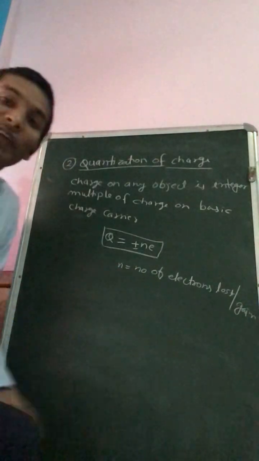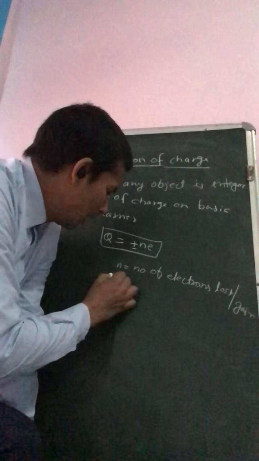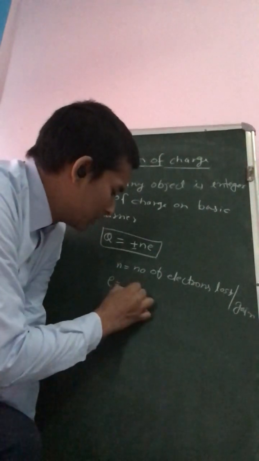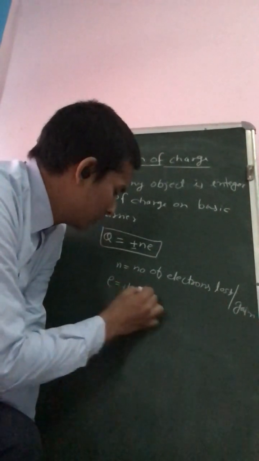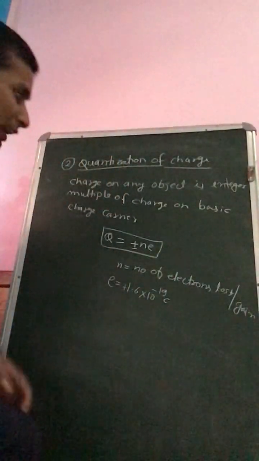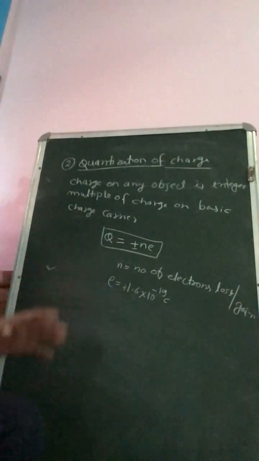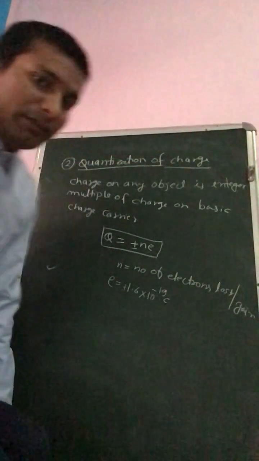So it will always be an integer: 1, 2, 3, 4, right? And e is the electronic charge, 1.6 into 10 to the power minus 19 coulomb, right? So let's try to understand this concept.